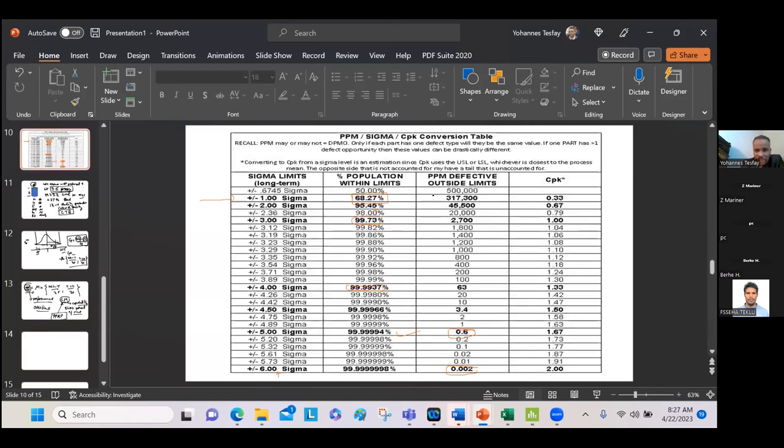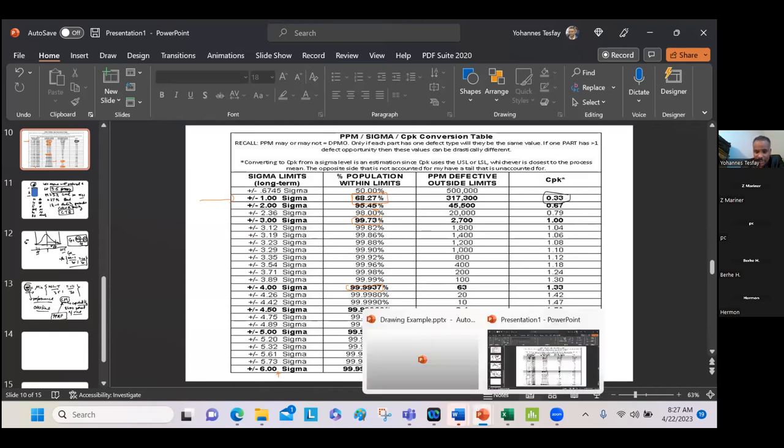So there is a conversion. Let's bring it now. You see, let's say if your process is 1 sigma, CPK is 0.33. Why did it become like this? Your process is 1 sigma, okay, and CPK is going to be 0.33. Why does this happen?